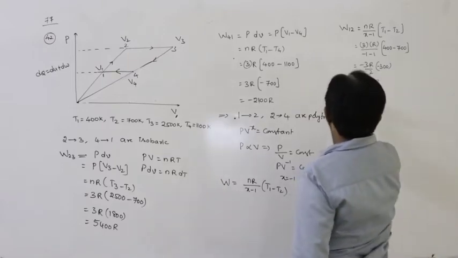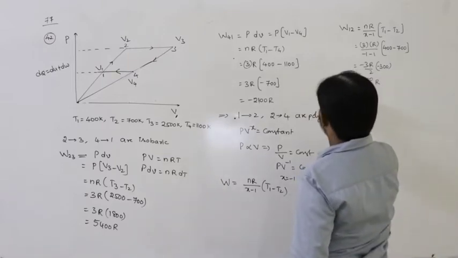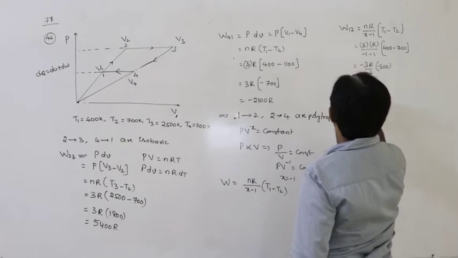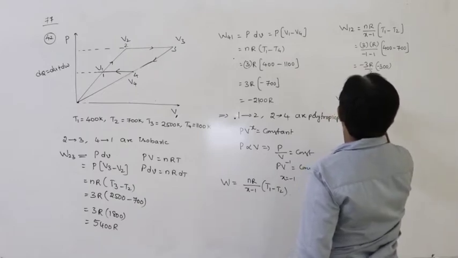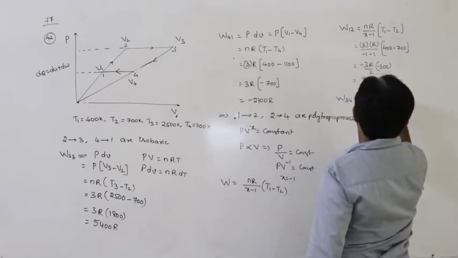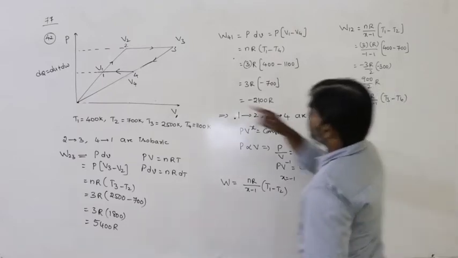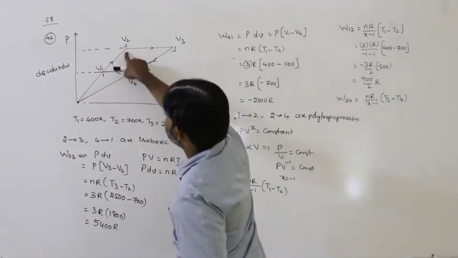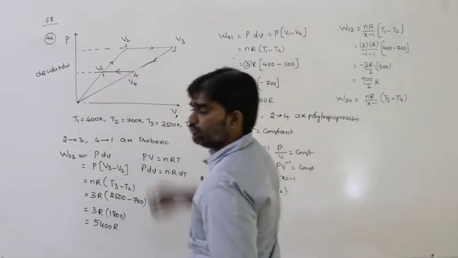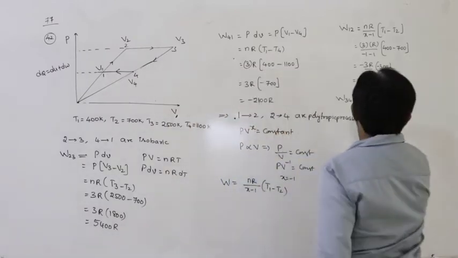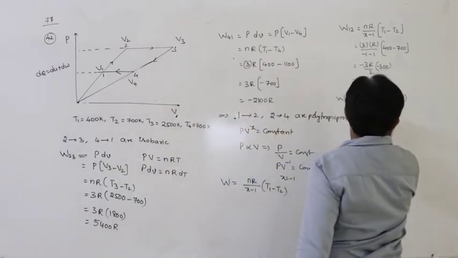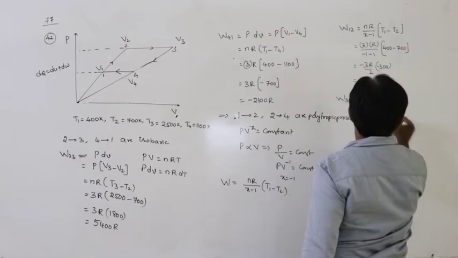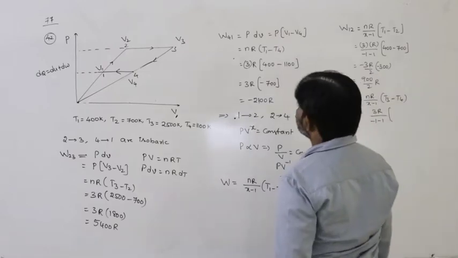Next, W34 equals nR into again 1 by (x minus 1) into (T3 minus T4). Here, T1 minus T2 is initial minus final; here also initial minus final. So, n is 3R divided by minus 1 into, what is T3 here?